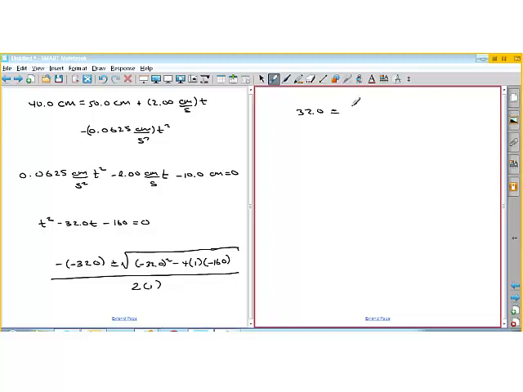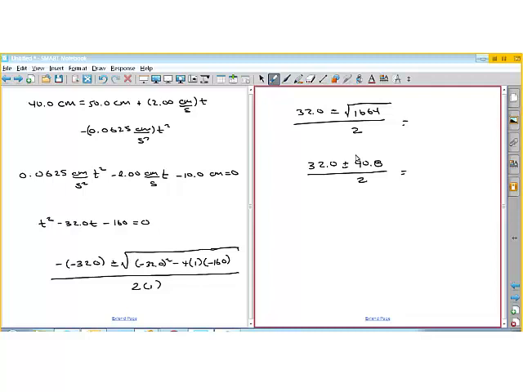I get plus or minus the square root of 1664, all divided by 2. The square root of 1664 is 40.8. So we get 32.0 plus or minus 40.8, all divided by 2. In this case, we only take the positive, because a negative would give a negative time, and we're not interested in negative time solutions.